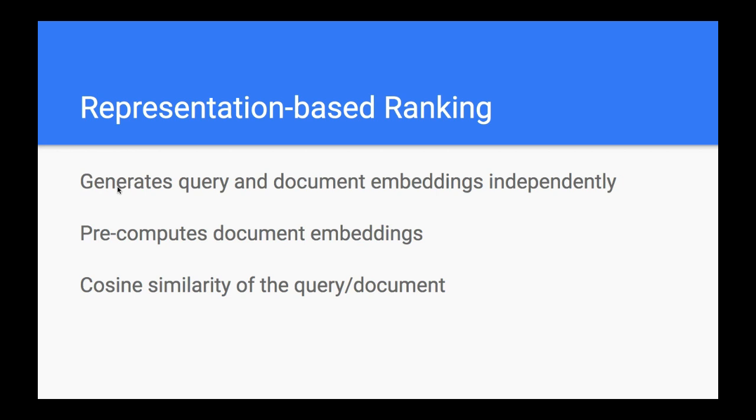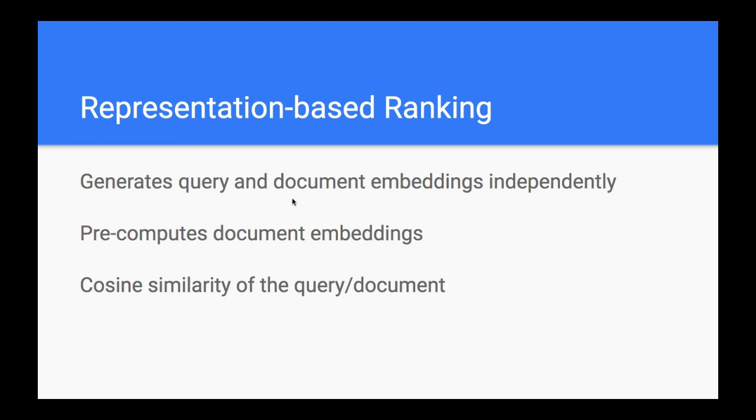This is the most common one. Basically, you generate the query and the document embeddings independently. You have a user query, then you use your deep context-aware learning model to generate a representation of the text of your query. And then you also use the same model to generate the representation of a document.